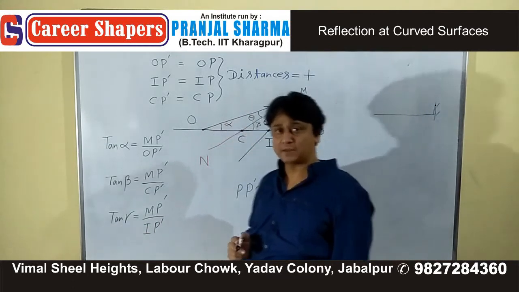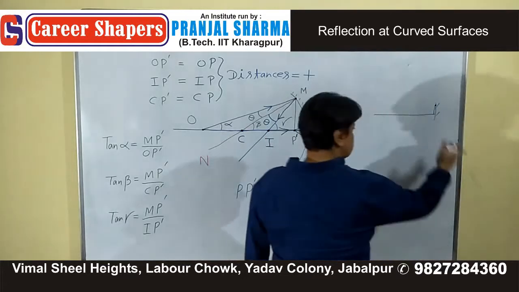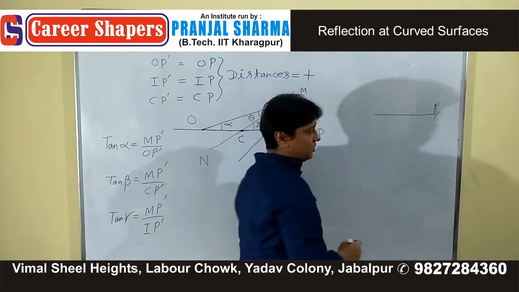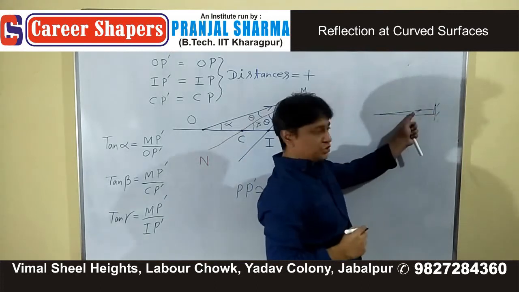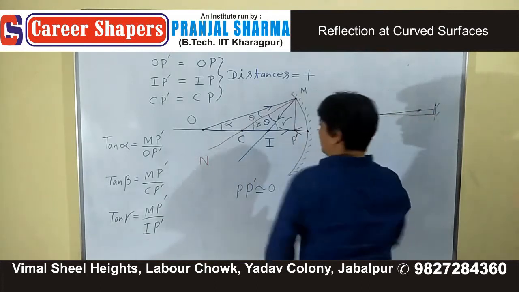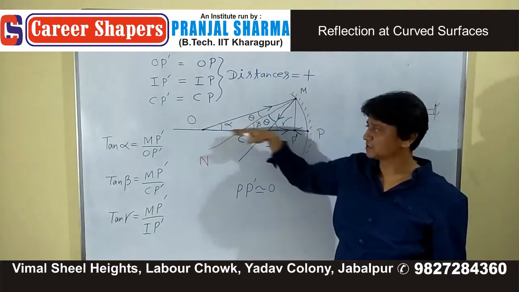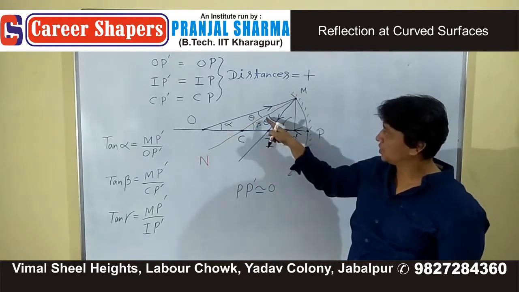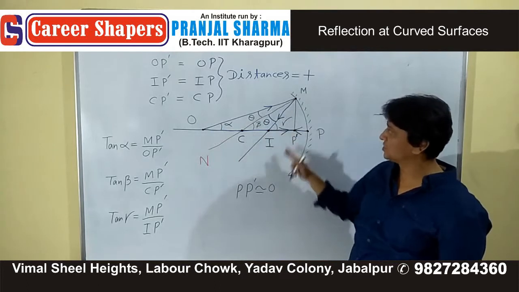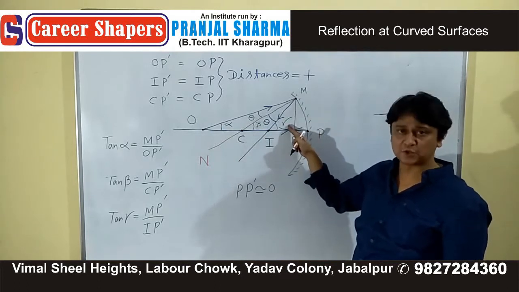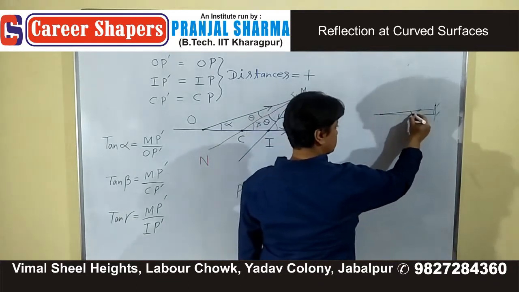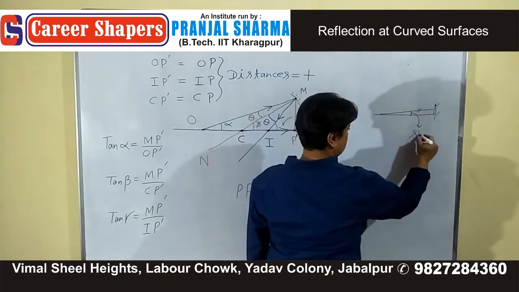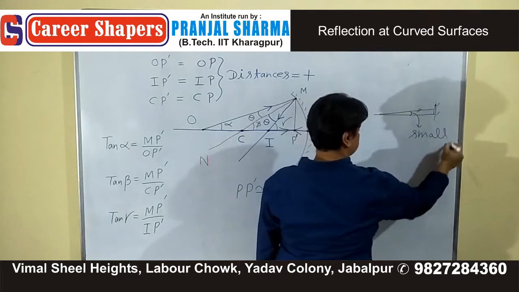Now, let's take another approximation. Since the aperture size is very small, all these angles which the incident ray, the normal, or the reflected ray makes with the principal axis are also very small.